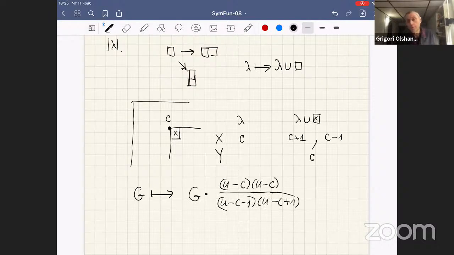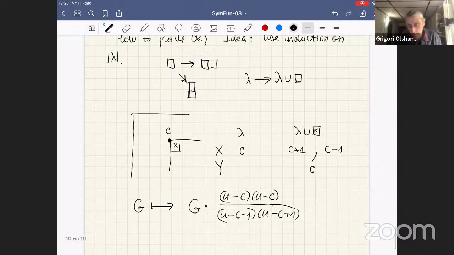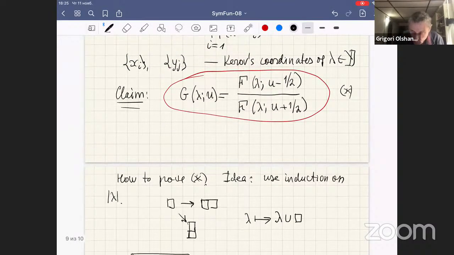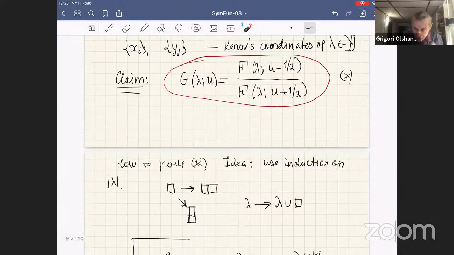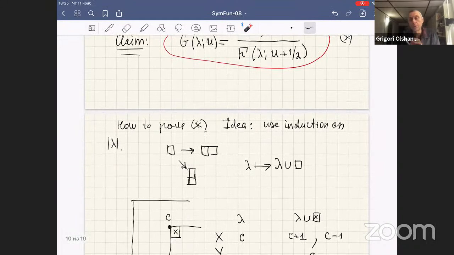And then we look from another side at what happens to this function under the same procedure, adding a box. Again, we have some modification of the same kind, with some shift, the same happens here, and we see that it's the same. Okay? So this is a very important idea which can be used in other situations as well.